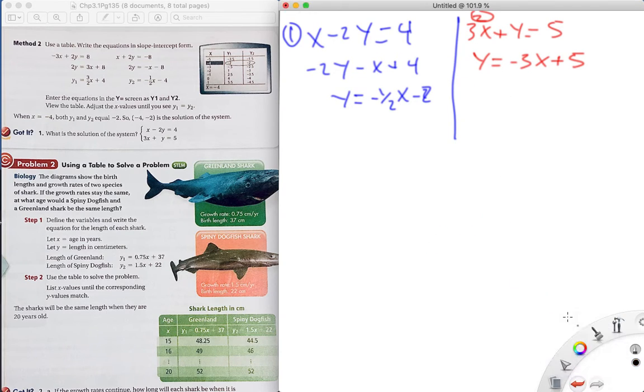Now, I have two options. The first option is I can graph these and then find the intersection.